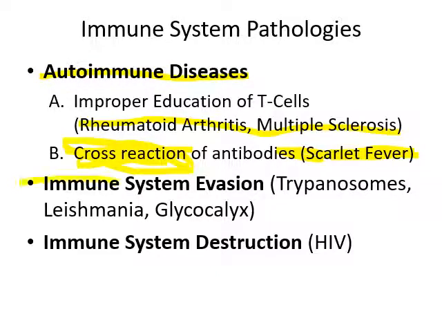There's also something called immune system evasion, which is how some of these bad guys get into your bloodstream and actually avoid the immune system. They evade it, and we'll talk about three organisms that can do that. And then finally, immune system destruction. The human immunodeficiency virus, HIV, the AIDS virus, as I said before, invades and basically nullifies or kills T helper cells.